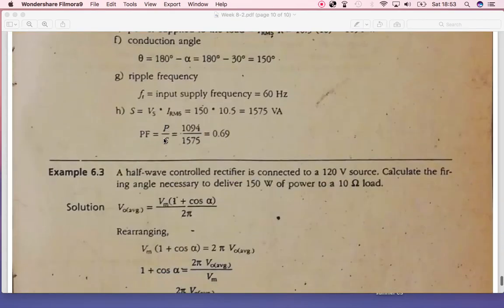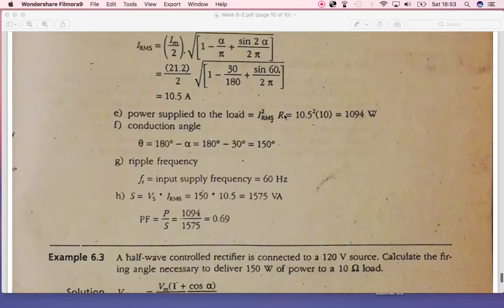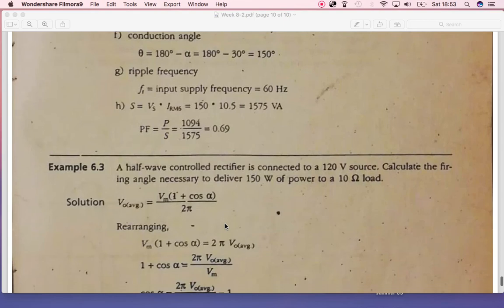For the power factor calculation, we have to calculate the ratio of the output power over the input power. The output power is already calculated over here, the input power is calculated from this formula, and then we have the power factor, which is 0.69 or 69%.